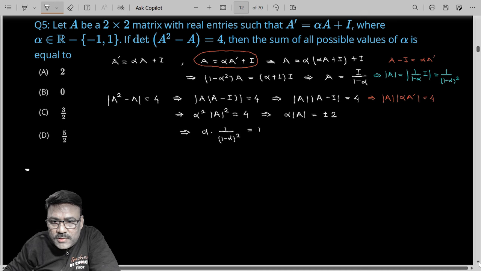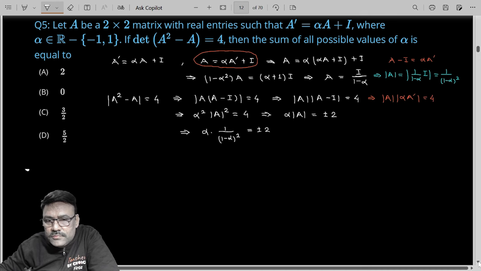So hence alpha times the determinant of A, which is 1 over (1 minus alpha) whole square, must be plus minus 2. Now this gives you two possibilities. Alpha will be plus minus 2 times (1 minus 2 alpha plus alpha square).